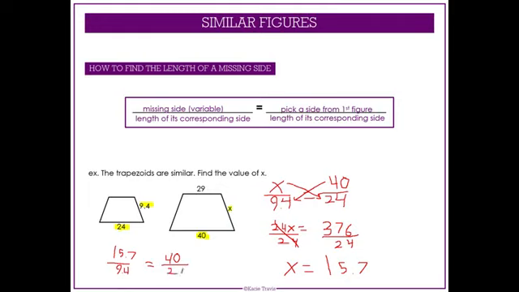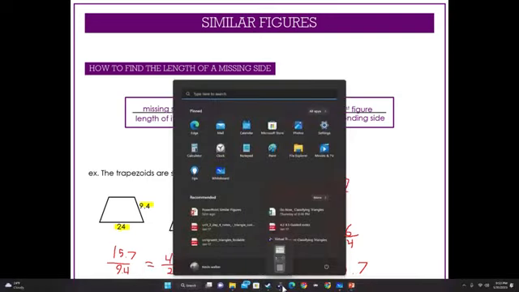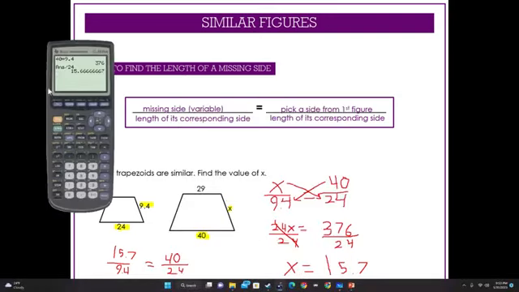All right, let's check to see if these two are equal. Pulling up the calculator. We got 15.6667 or 15.7, and we are dividing from it 9.4.